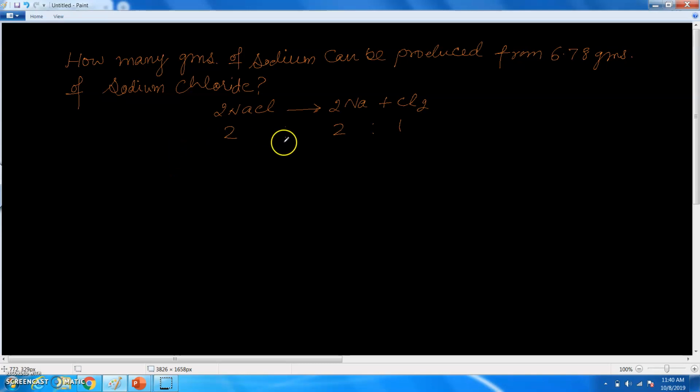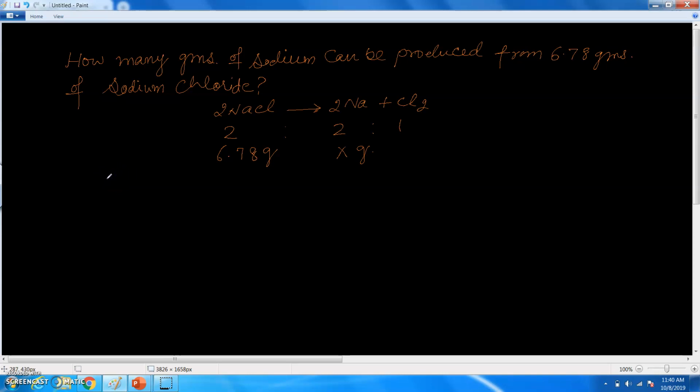Now, what is given? 6.78 grams of sodium chloride produces how many grams of sodium? This is according to the statement.